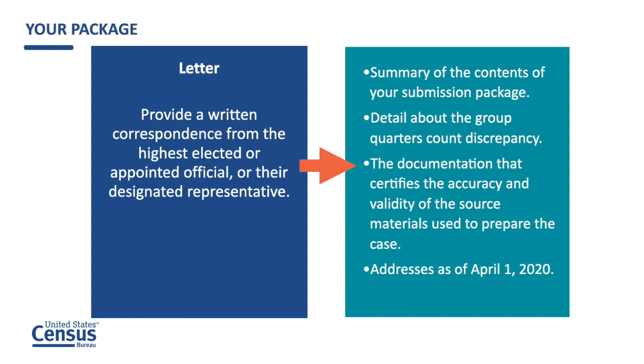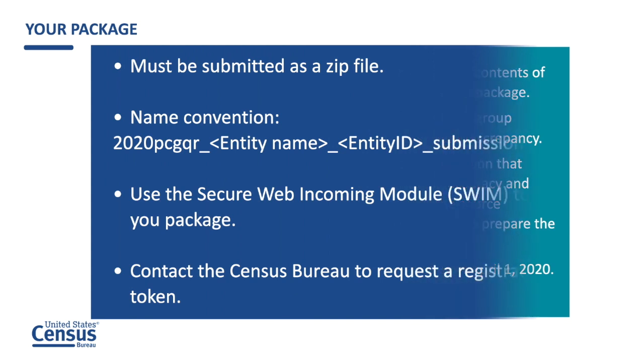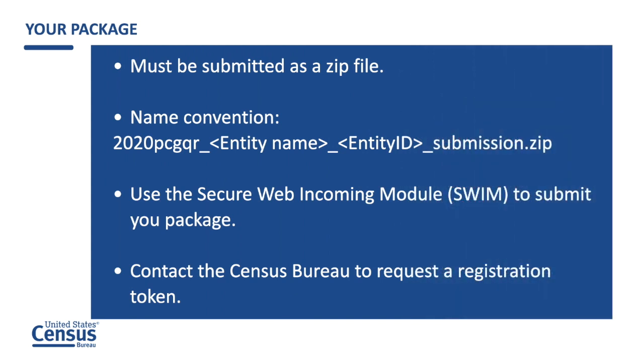Next, all your documentation will be submitted as a zip file. I will show you how to submit your case package electronically, which is the preferred method, but you can also submit a paper case if necessary. Click on the link above to access the participant guide, which covers in detail every step of the online and the manual case processes.